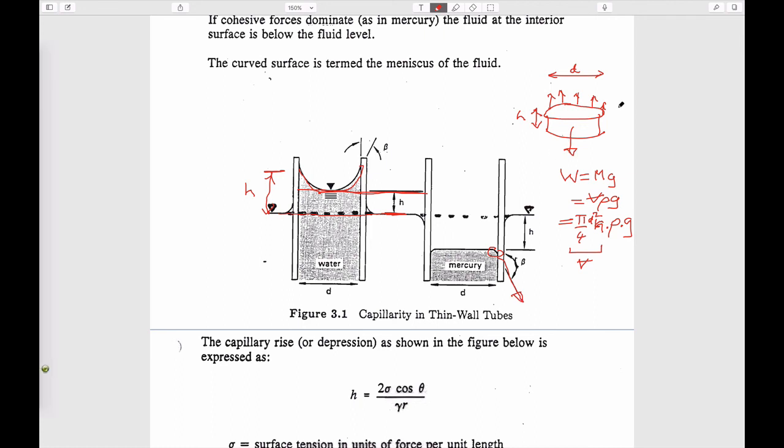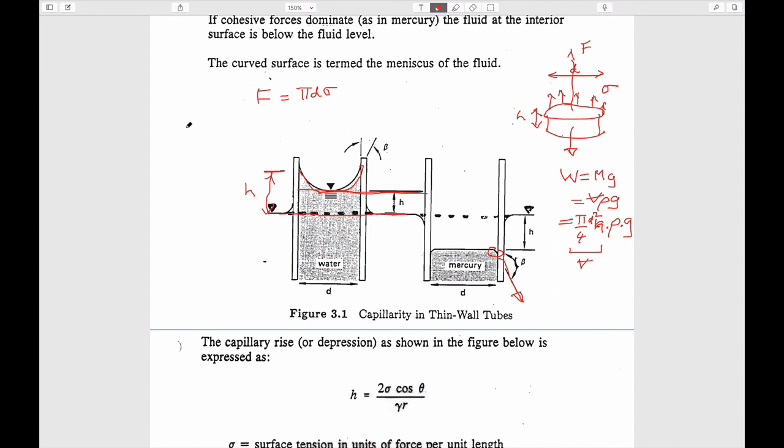The forces acting upwards are the interfacial tension, and it occurs on the circumference. So the force acting upwards is equal to pi d, which is the circumference, multiplied by interfacial tension.